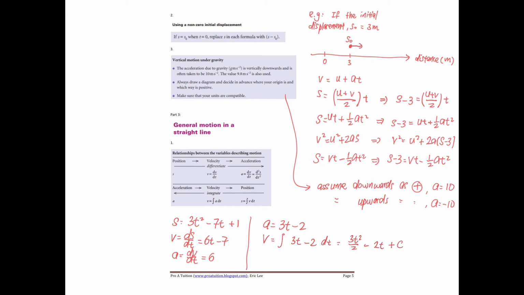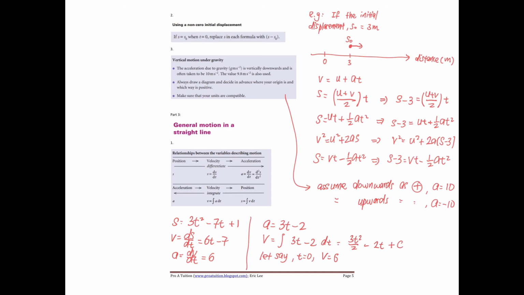So of course, you have to find out the value of c over here. So normally they will give you some information, like at the beginning the velocity is, let's say, 6. Let's say when t equal to 0, the velocity is 6.